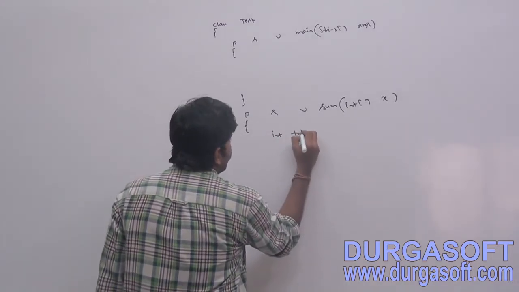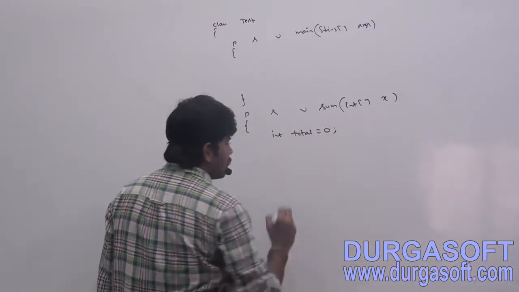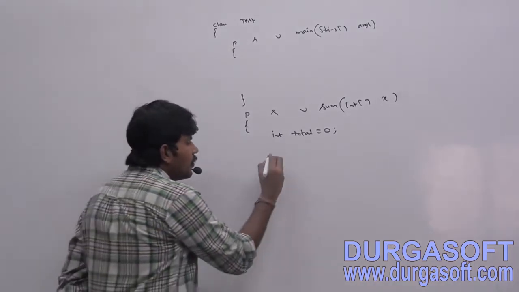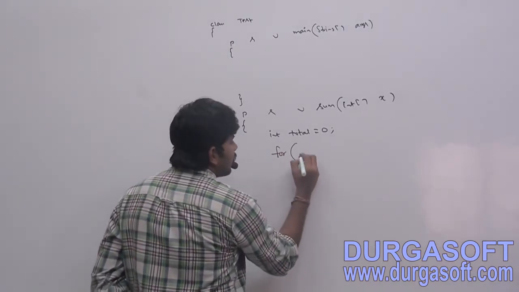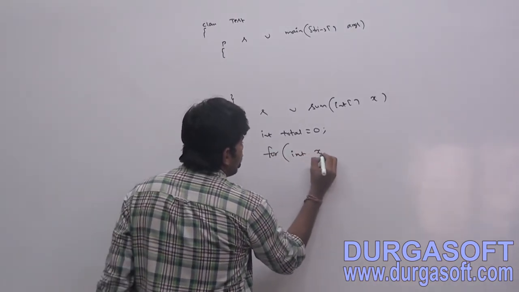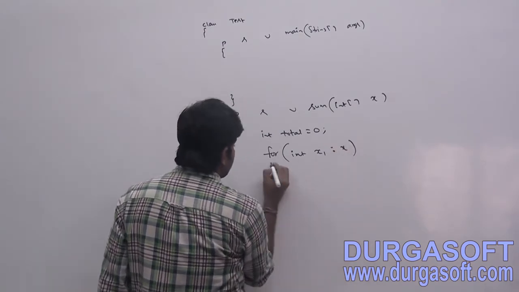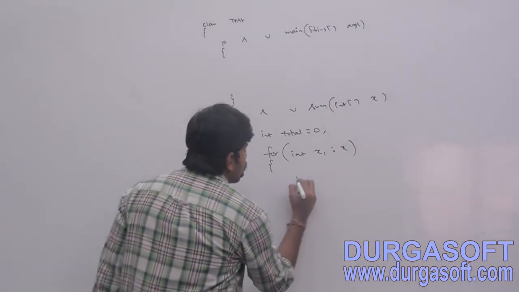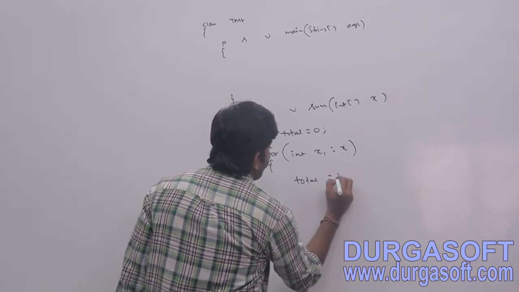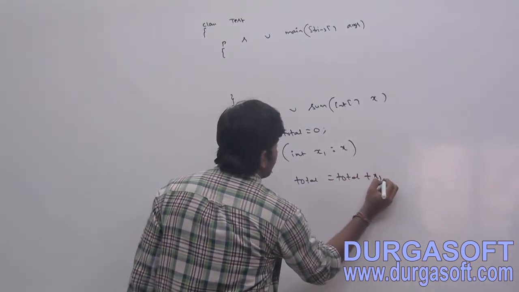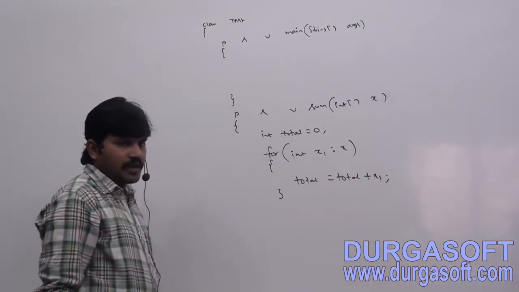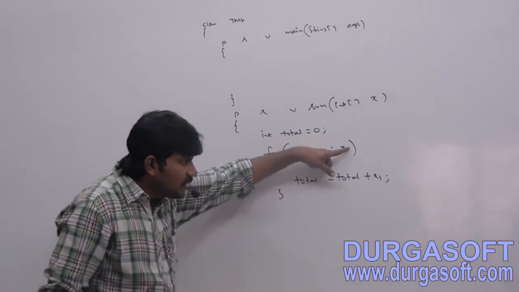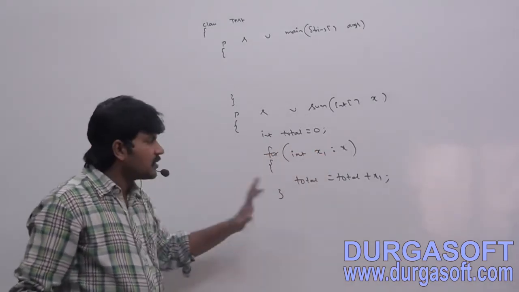Int total is equal to 0. For each int value x1 in x, total is equal to total plus x1.